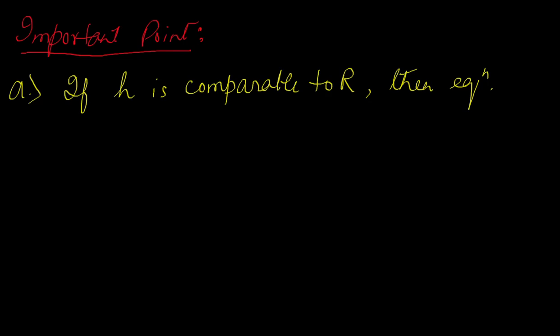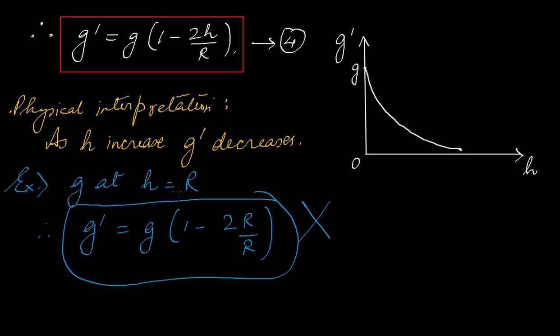Then equation 3 is used in numericals, just like the numerical that I gave you just now. H is equal to R, so obviously H is very large and it is comparable to R, which is why we cannot use this one. What is the condition under which you can use this?